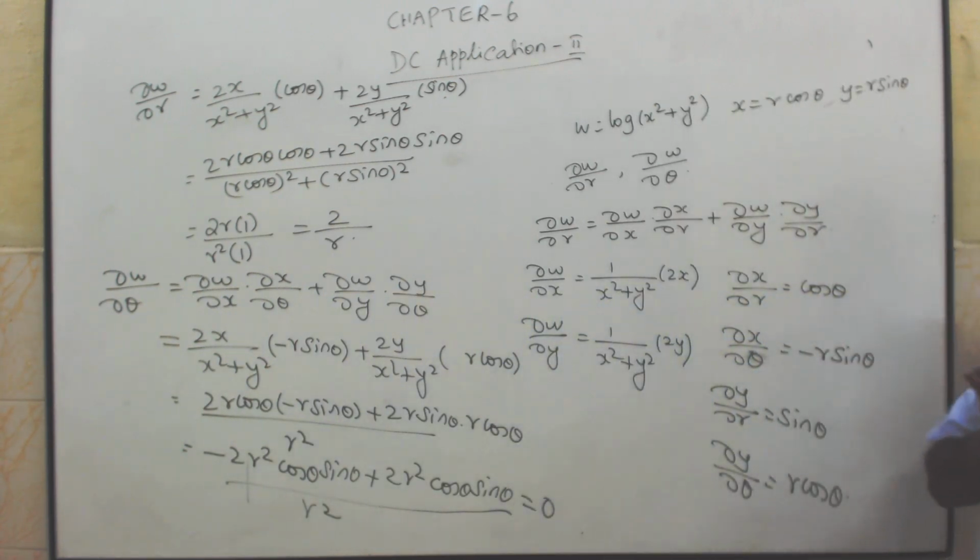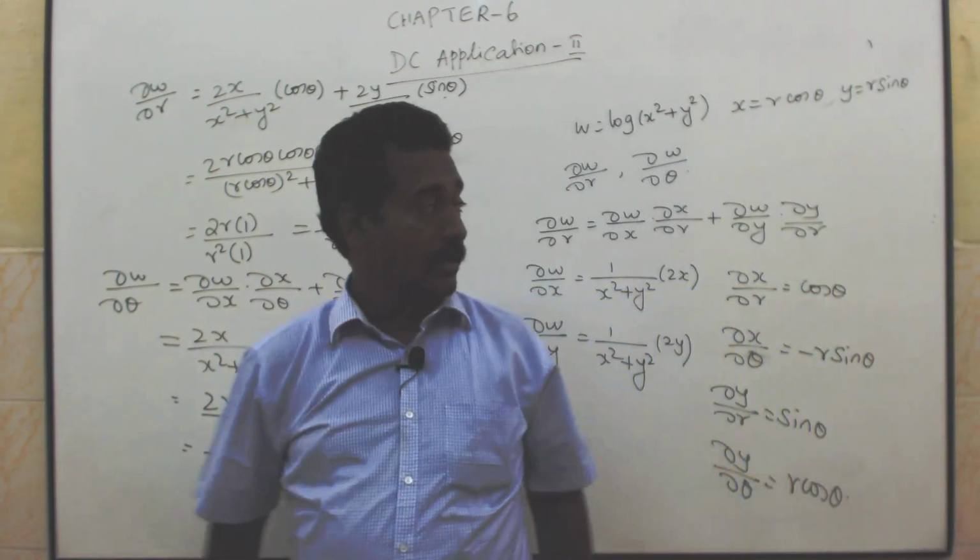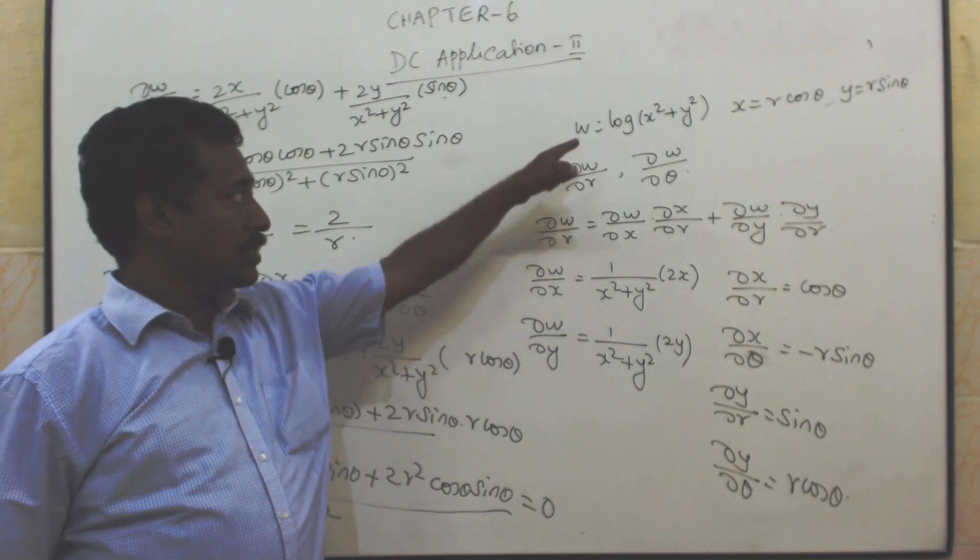∂w/∂r, using the formula ∂w/∂x into ∂x/∂r plus ∂w/∂y into ∂y/∂r. ∂w/∂x, log of x square plus y square, that is 1 by x square plus y square.